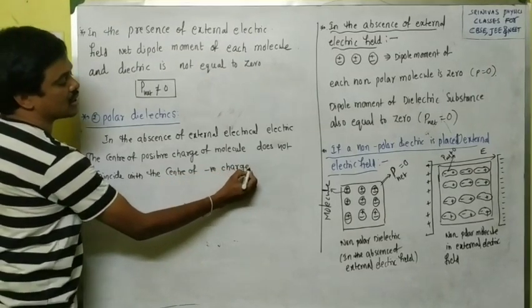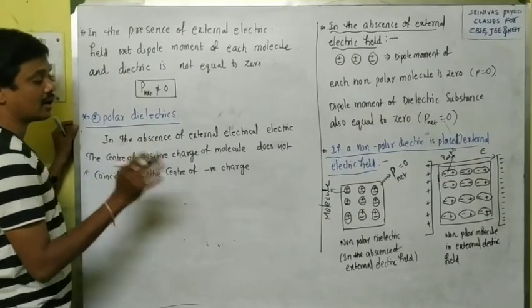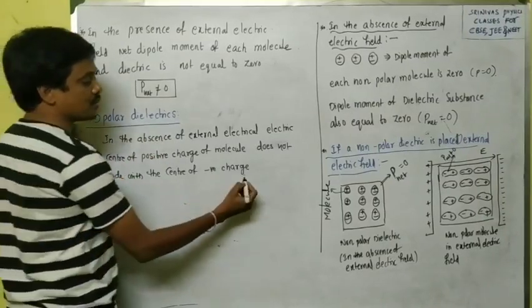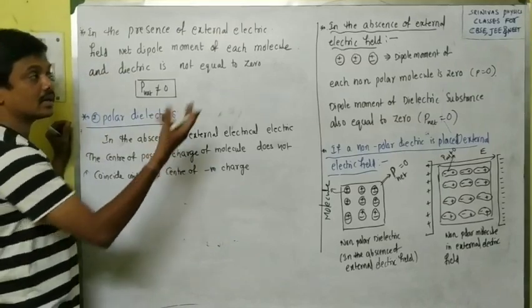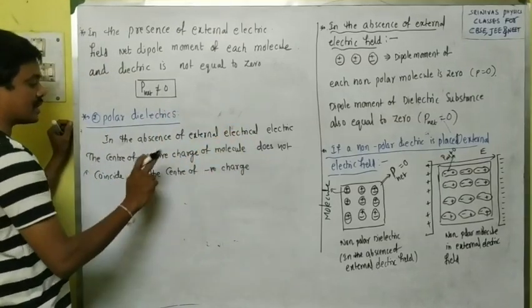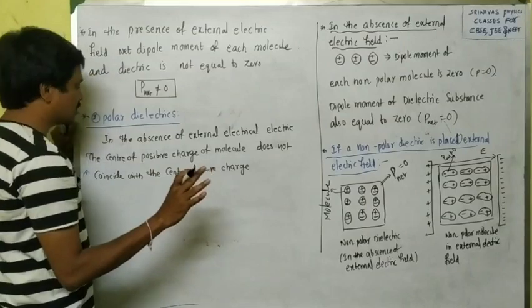Means the center of positive charge and center of negative charge do not coincide. If they coincide, that is a non-polar molecule. Polar means that they cannot coincide.